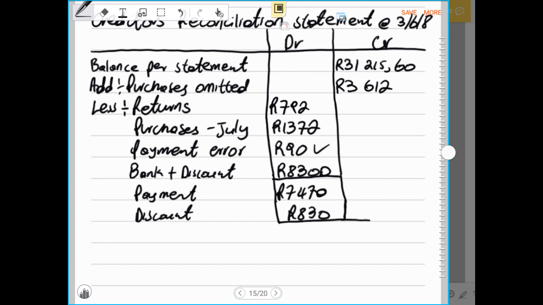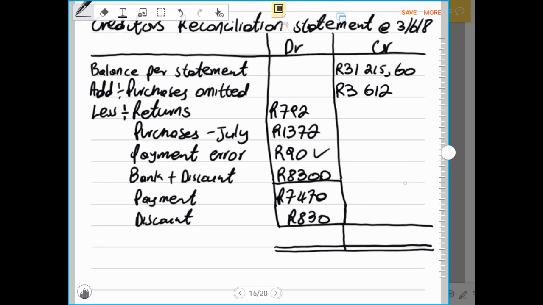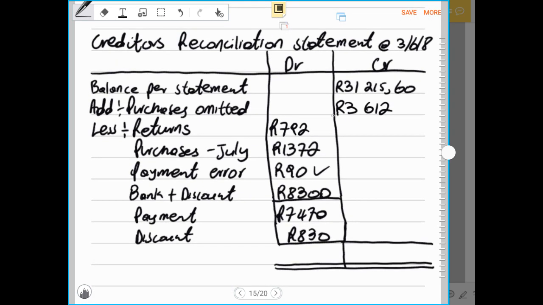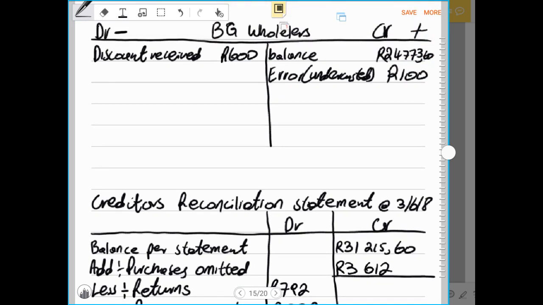Now from here, we can check whether our balances agree with the ledger account. I normally forget to skip a line here so that I can draw a line. Let me start with the ledger account first.